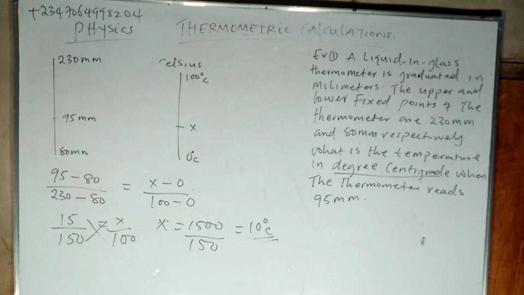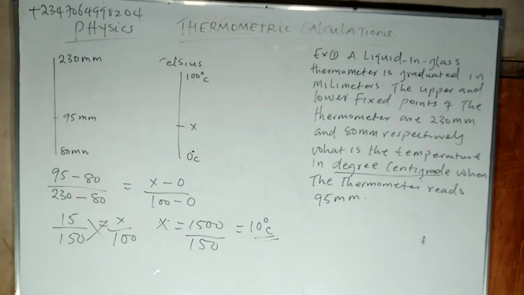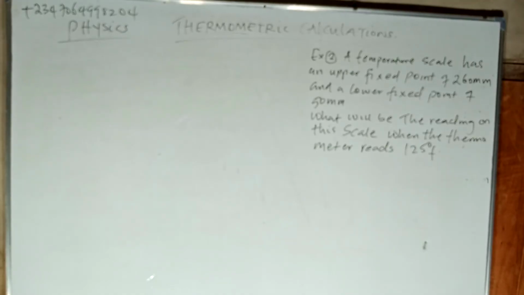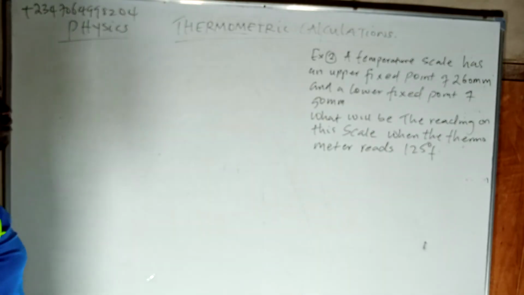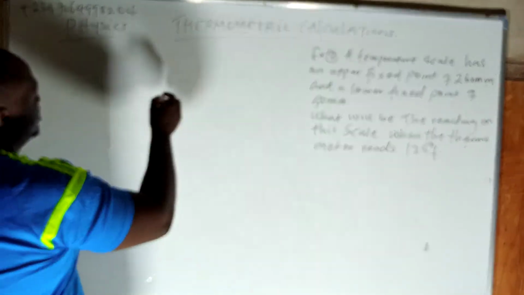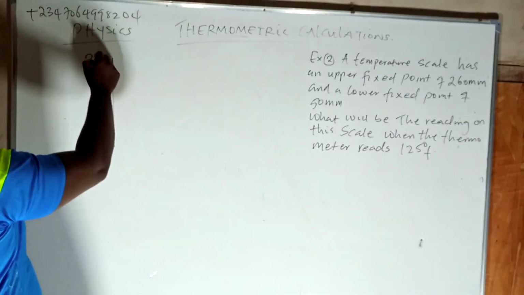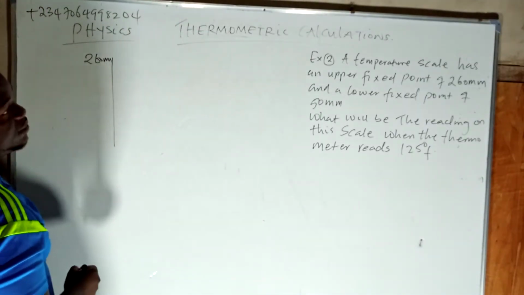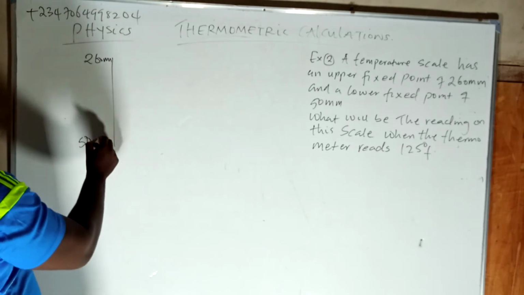Let's go to example number 2. Example number 2 is on the board. A temperature scale has an upper fixed point of 260 millimeters. So, you write it in this place. The upper is 260 millimeter. The lower is 50 millimeter.